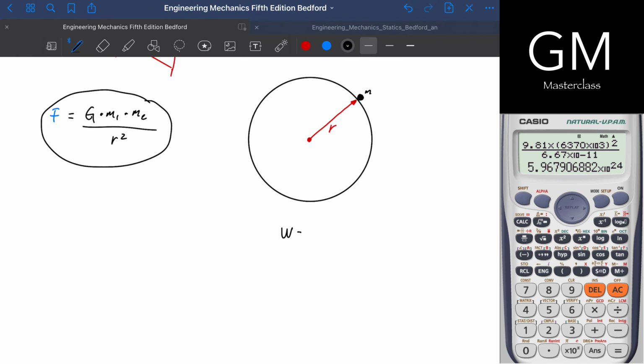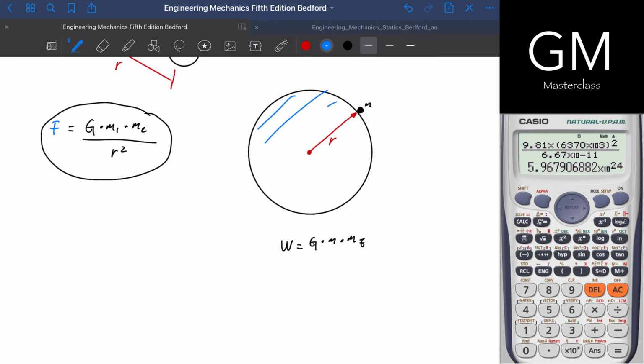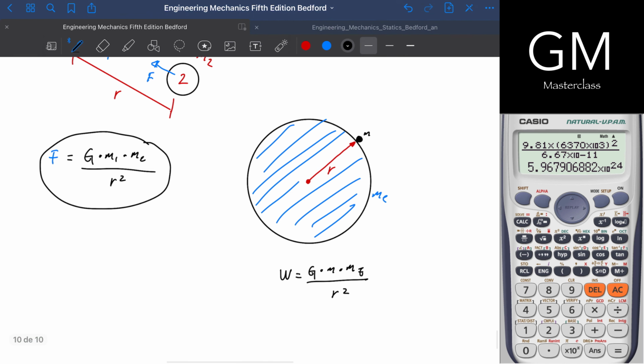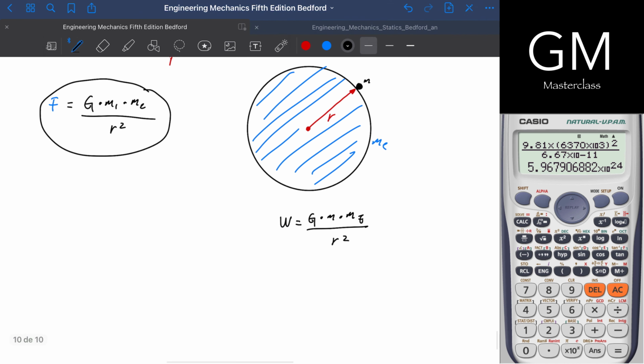So the weight is equal to the G constant multiplied by the mass of the particle multiplied by the mass of the Earth, because in this case the second particle is the whole Earth, me, divided by the distance between these two particles, squared.